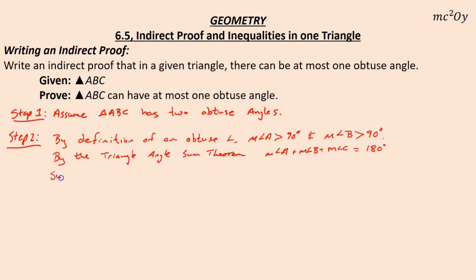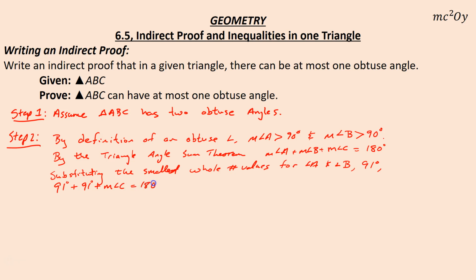Okay, let's do some substitution here. Substituting the smallest whole number values for angle A and angle B, which would be 91 degrees if they're both obtuse, we would then have 91 plus 91, or A plus B, plus the measure of angle C has to equal 180 degrees.